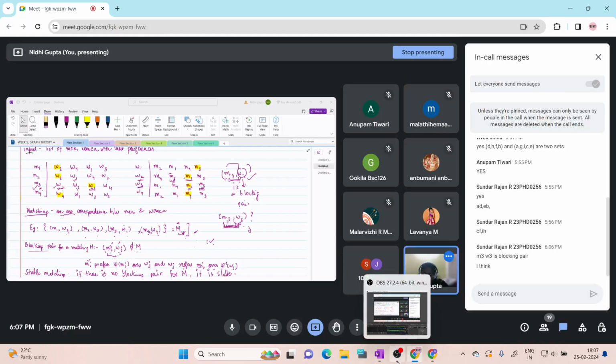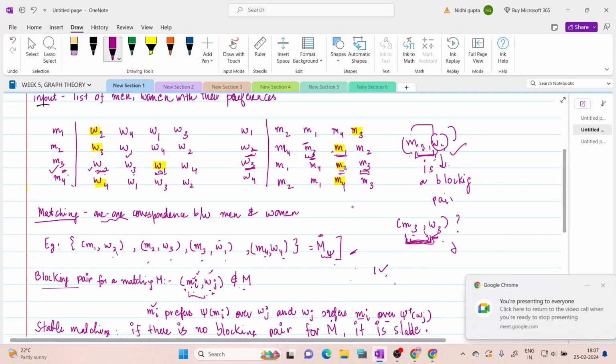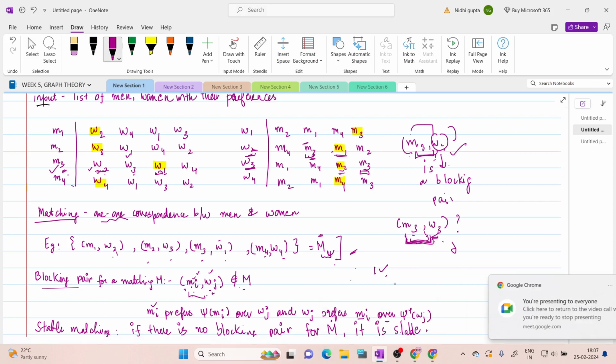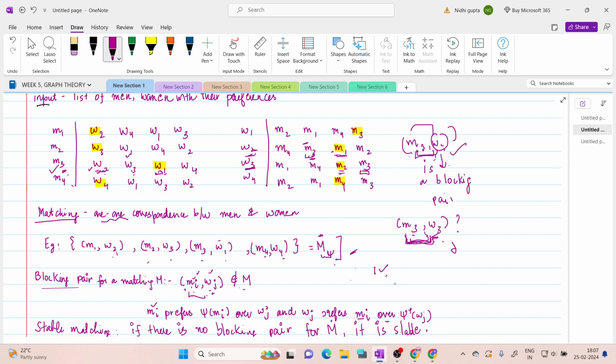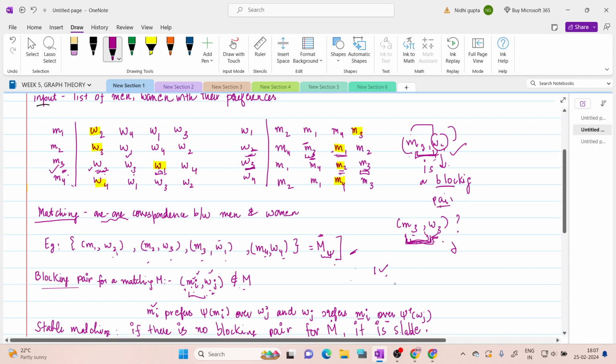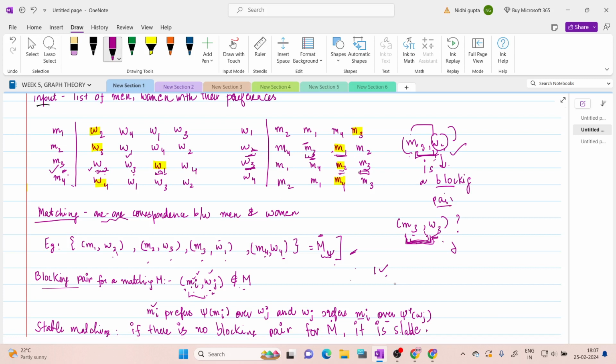But M3 W3 is not a blocking pair. M3 W2 is a blocking pair. M3 W3 is not a blocking pair because W3 won't be happy when M3 is assigned to her, because she is already getting a better preference.